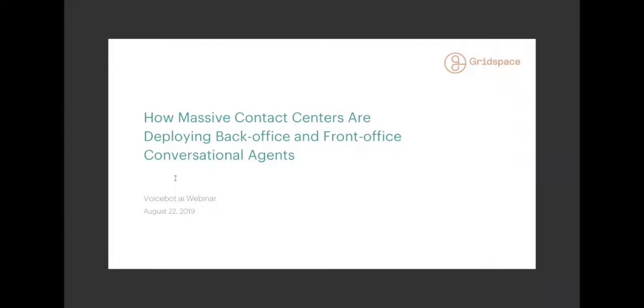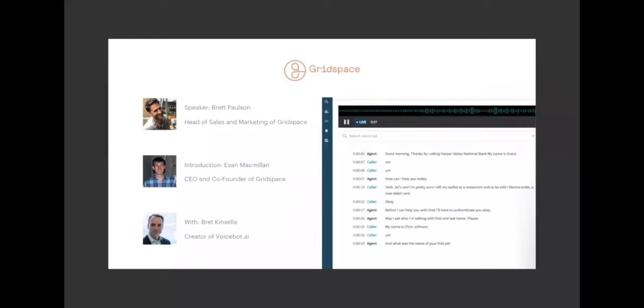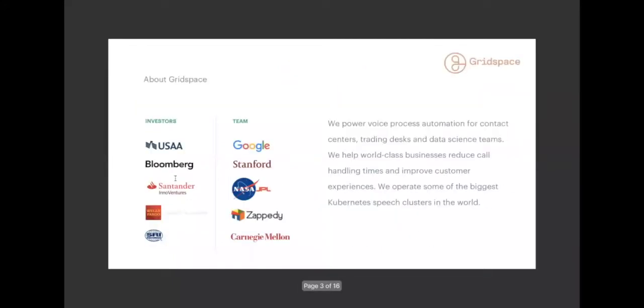I want to talk a little bit about how we got started with Gridspace. Just want to welcome everybody on behalf of Gridspace. More people are hearing about us this year than in past years, so we're kind of coming out of the cave and excited to tell people about all the work we're doing.